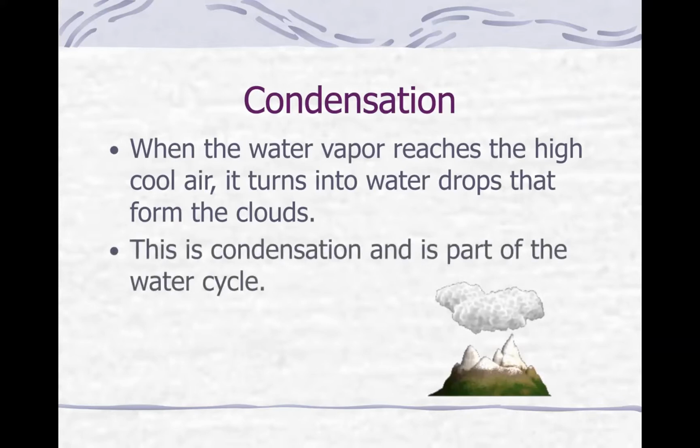This is condensation and is part of what we call the water cycle. There are several components or factors that make up the water cycle. Evaporation, that's the changing of the liquid into the gas. And then once it cools off, it changes back from the gas into the liquid. We call that condensation.